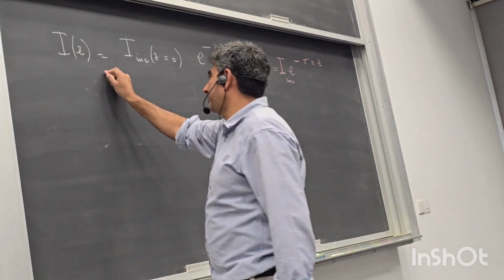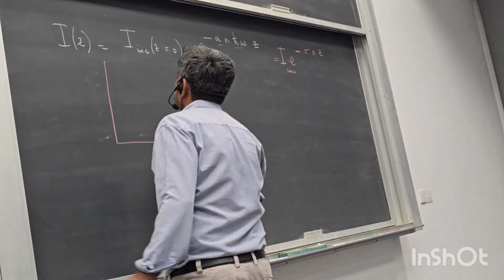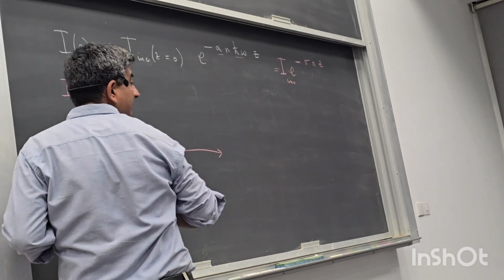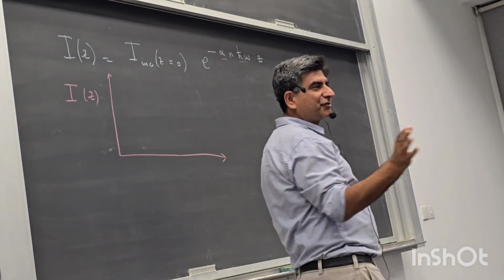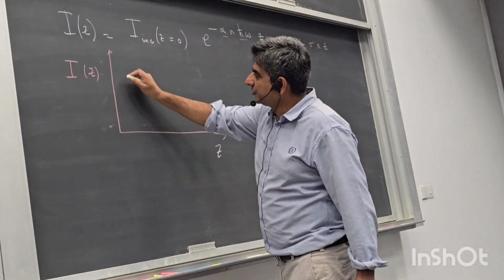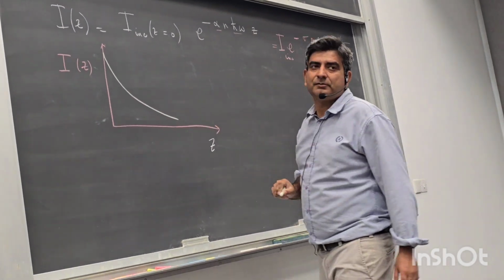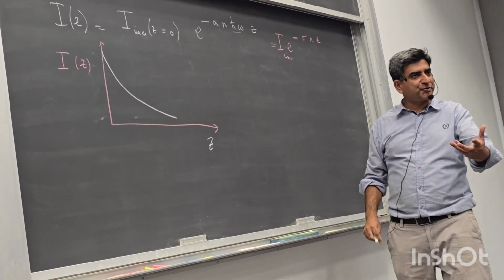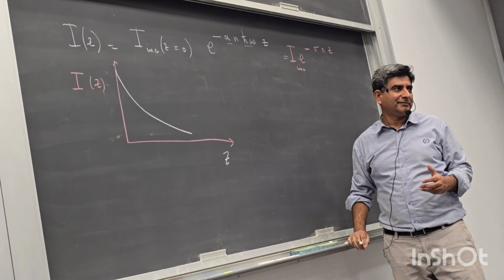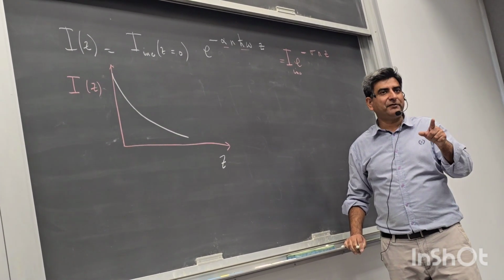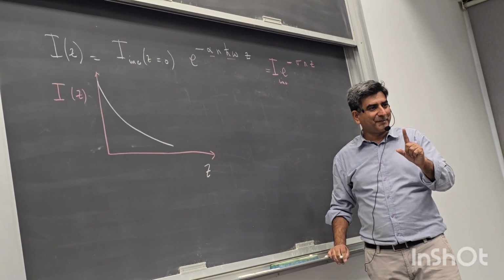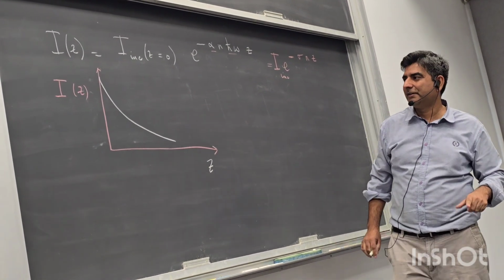If I make a plot of the intensity inside the medium at some z, where the density is constant across the medium, the intensity drops exponentially. And this is absorption. This is due to photon scattering. Okay, in the weak field limit. Remember this, this is the weak field limit case.